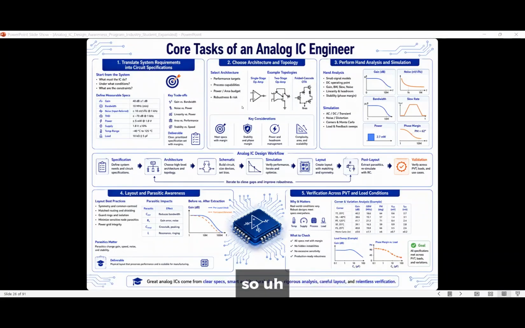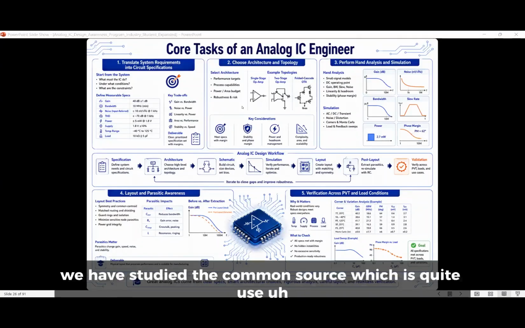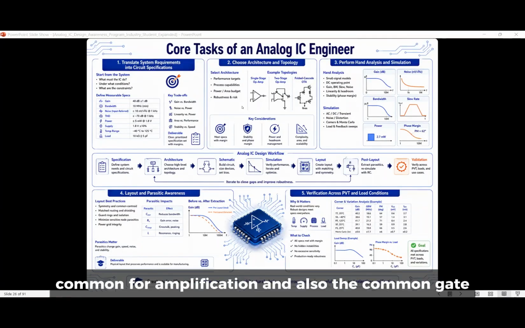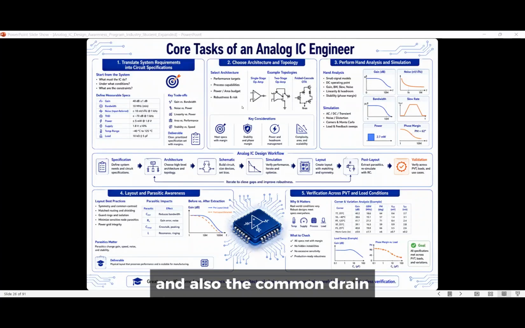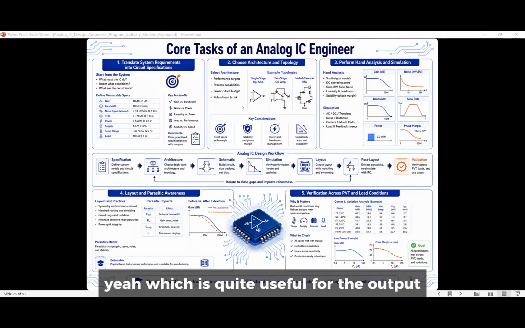I think in the second year of analog study, we have studied the common source, which is quite common for amplification, and also the common gate, which is quite useful for input stage matching, and also the common drain, which is quite useful for output impedance matching as a buffer, right?